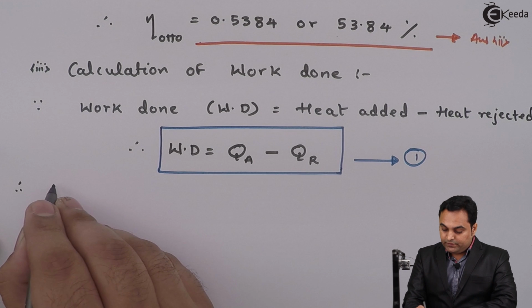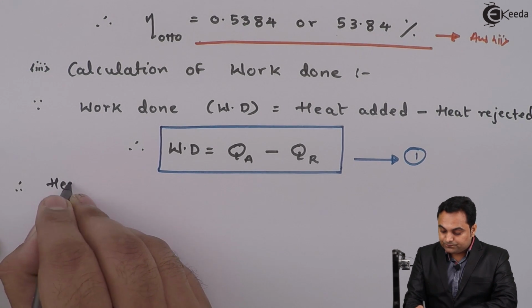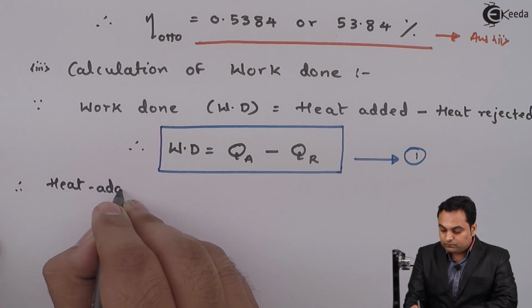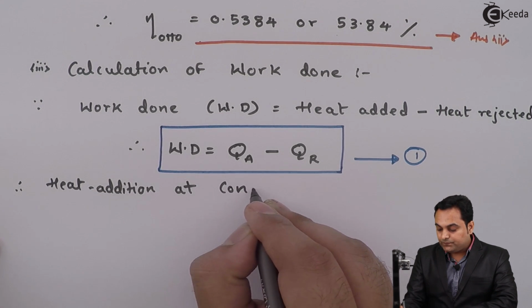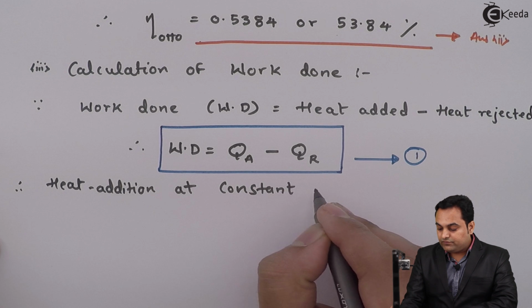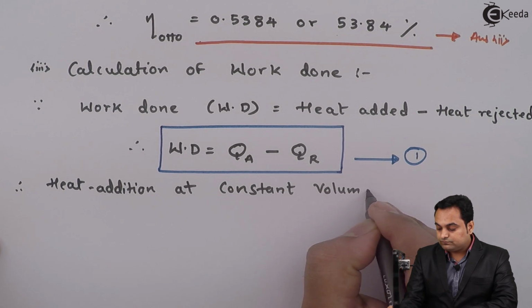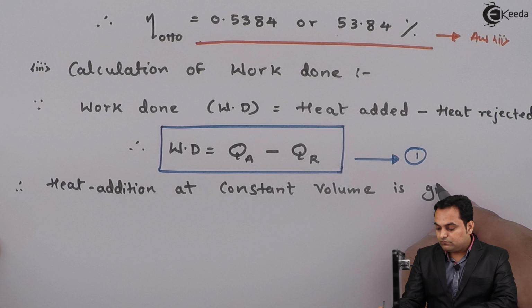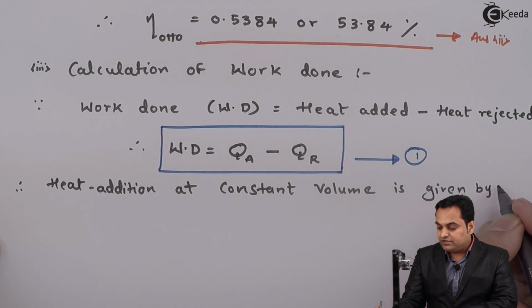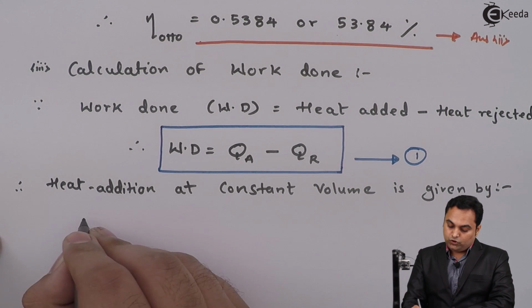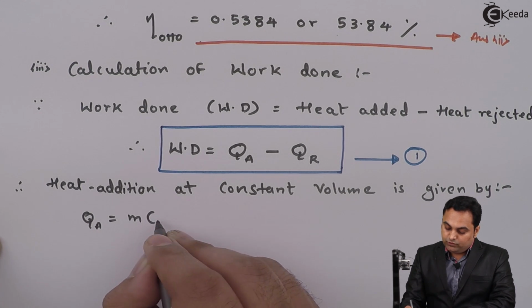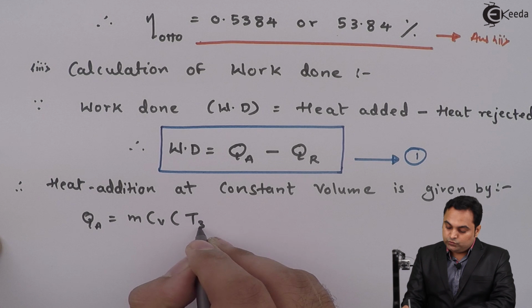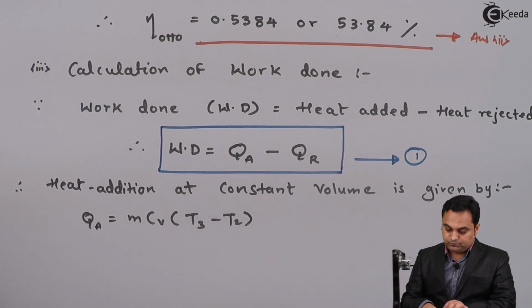therefore heat addition at constant volume is given by QA or Q suffix A is equal to mCV into T3 minus T2.